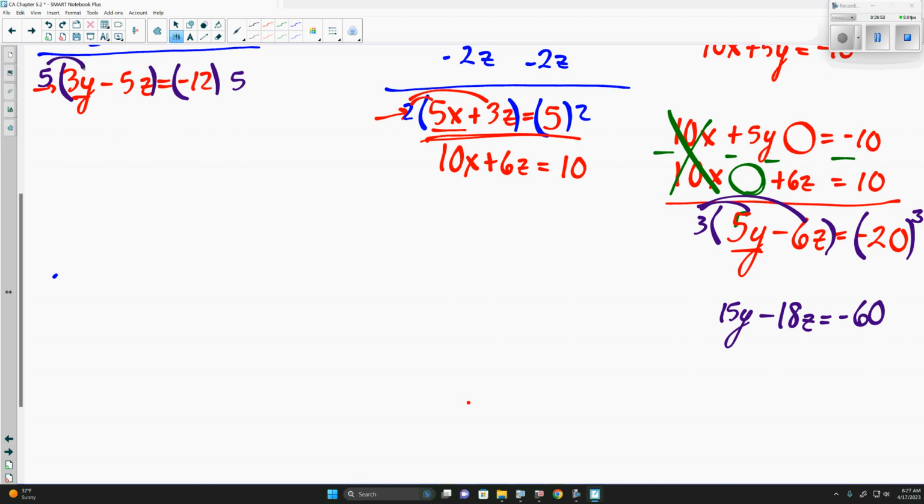We can do the same thing with our other equation. Distribute the 5. 5 times 3y is 15y. 5 times negative 5z is negative 25z. And negative 12 times 5 is negative 60.